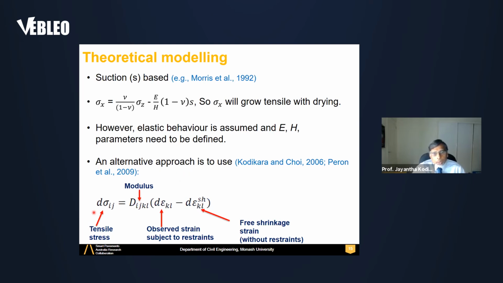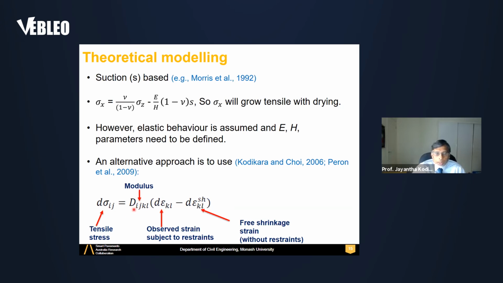We use the incremental representation of stress development. The tensile stress increment is a function of the tangent modulus at the time, times the effective strain. That strain is given by the observed strain, the true strain observed, minus the free shrinkage, that is, what the strain would have been if there were no restraints. For example, with full restraint, your observed strain will be 0.